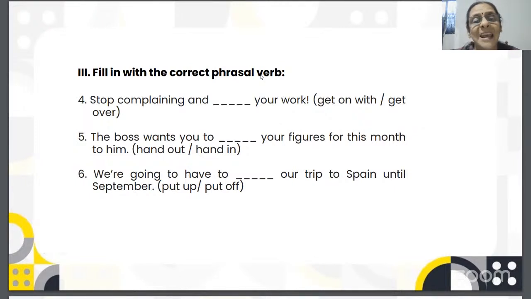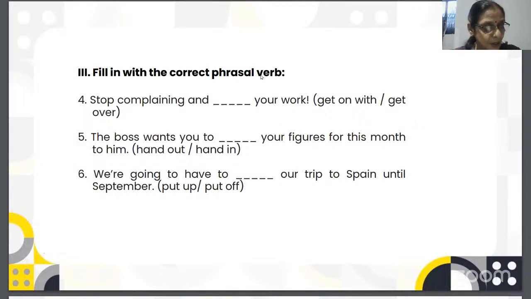Get over means you have surmounted some kind of problem. She was successful in getting over the sadness or the misery of the death of her parents, etc. So get over means you are successful over some kind of negative emotions, feelings or incidents in your life.